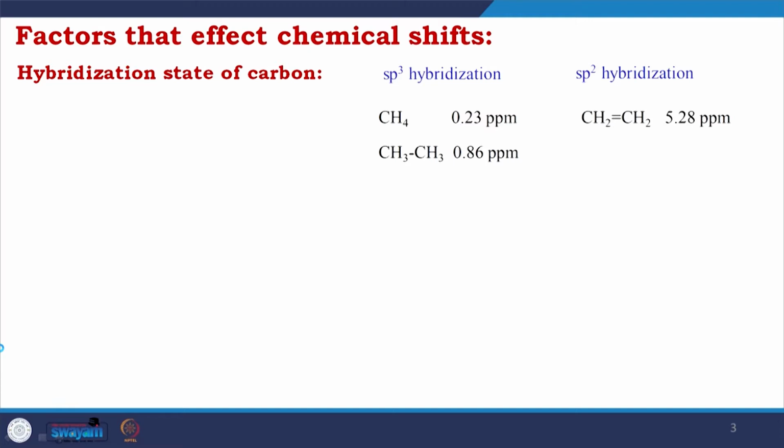Hybridization state of carbon. As I told you, there is sp3 hybridization and there is sp2 hybridization. If you see, methane CH4 is at 0.23 ppm and ethane CH3 at 0.86 ppm. When this sp3 hybridization goes to sp2 hybridization, CH2 double bond CH2, ethene, it goes to 5.28. So, it is a big jump.